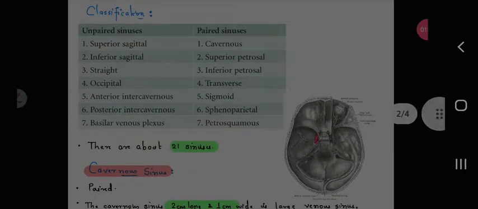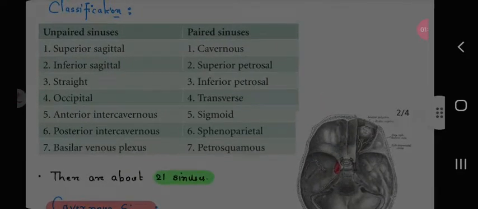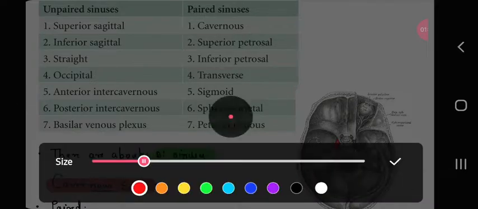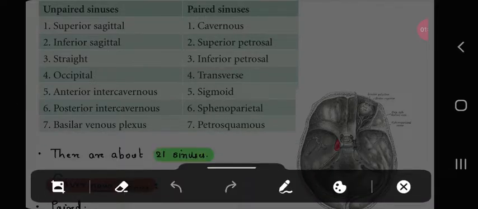Classification: unpaired sinuses and paired sinuses. You can learn the unpaired sinuses by the trick "sister working in BPO", which I learned from the Marrow app.